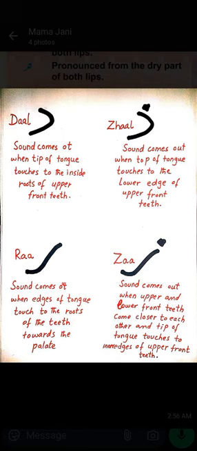Also ra and za are similar in shape, and the difference is only that ra is without any dot and za has one dot above it. So Alhamdulillah, today we learned these four Arabic letters. Inshallah, in the next lessons, we will learn more.